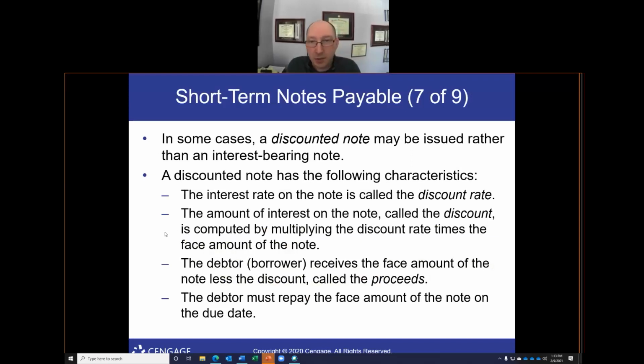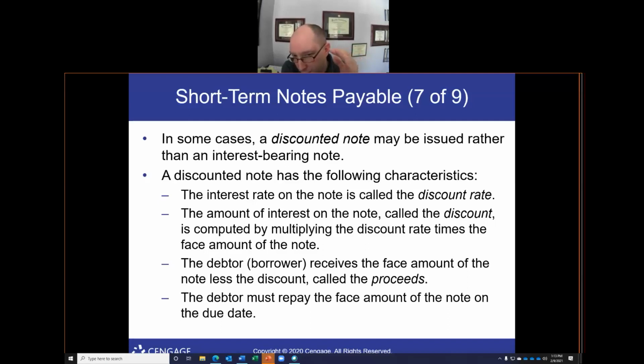In some cases, the interest rate is called a discount note. Discount note. So here's the difference. You have interest and you have discount. Interest means that the company that's borrowing will pay back the face value plus interest.